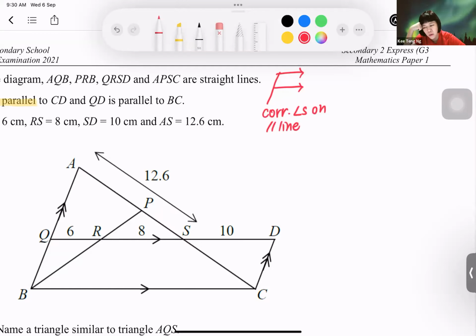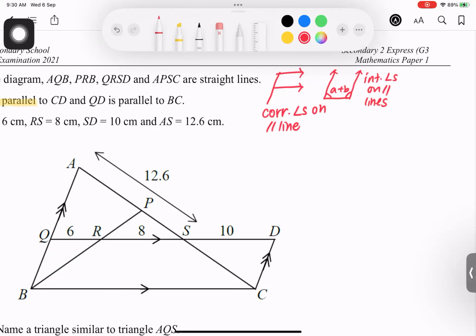After letter F, anyone remember any other letter? X, U, yes. Letter U, or rather letter C also can. This one is co-interior angles on a pair of parallel lines. After letter U, any more?